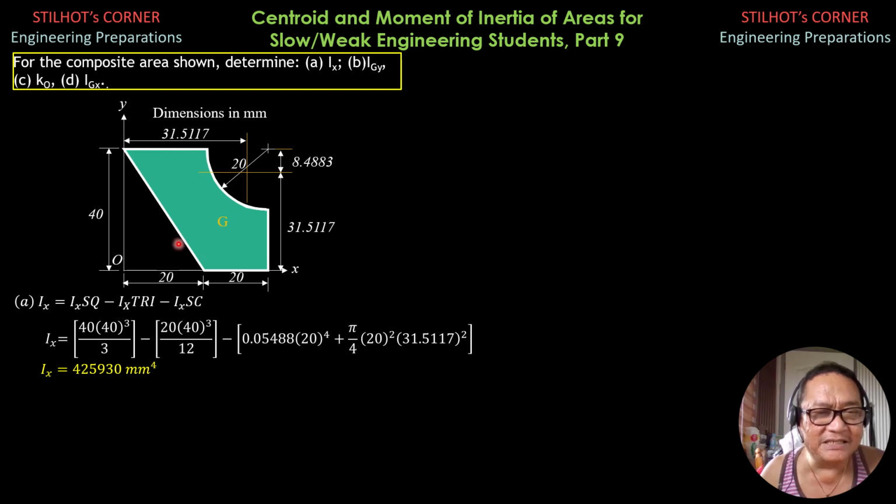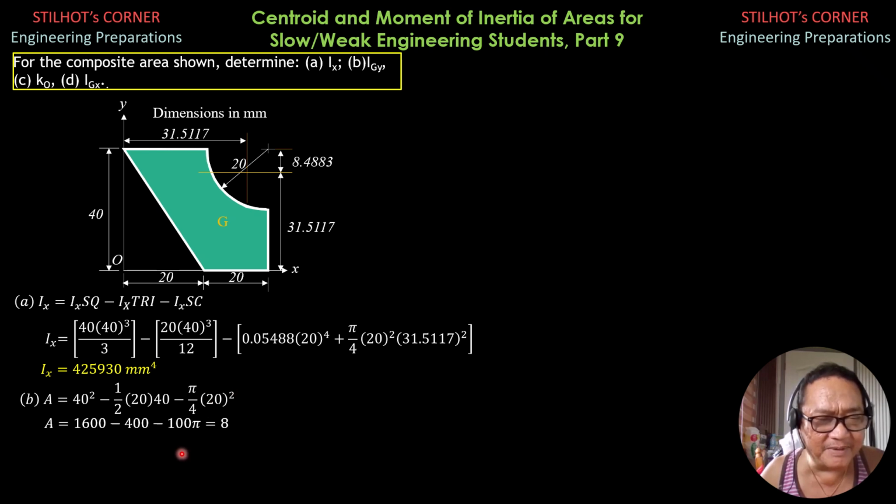So next is Igy. For Igy, let's solve for the location of the centroid of this area. Area is equal to area of square 40 square minus area of triangle 1/2 of 20 times 40 minus area of quarter circle pi over 4 20 square. So that's 1600 minus 400 minus 100 pi, or 885.841 mm square. By Varignon's theorem, we need xg to solve for Igy.